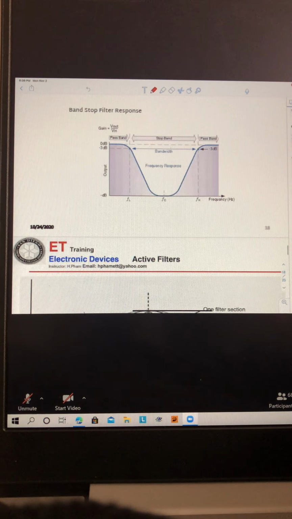It is just the opposite of the band pass. That means any frequency higher than F high will pass, and any frequency less than F low will pass. However, the frequencies between F low and F high will be rejected. Okay?